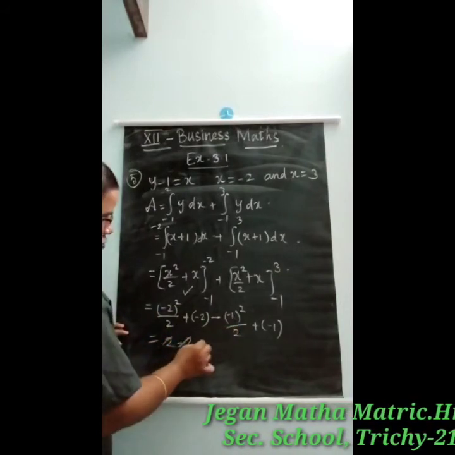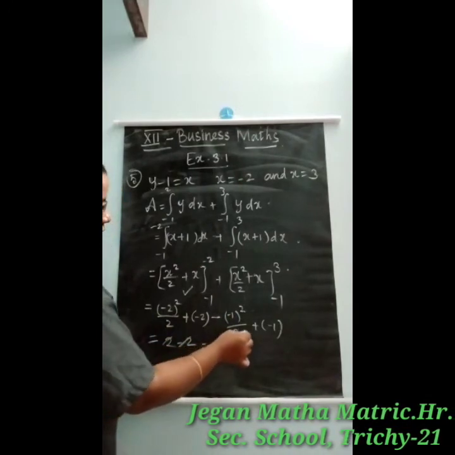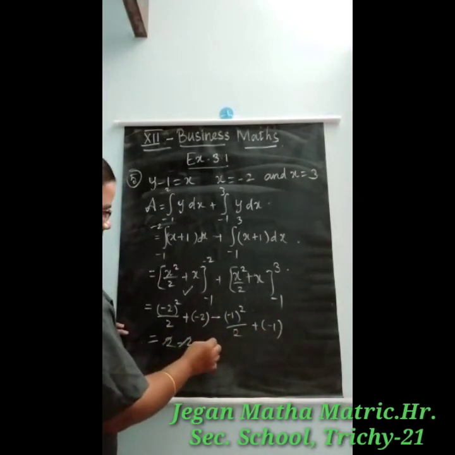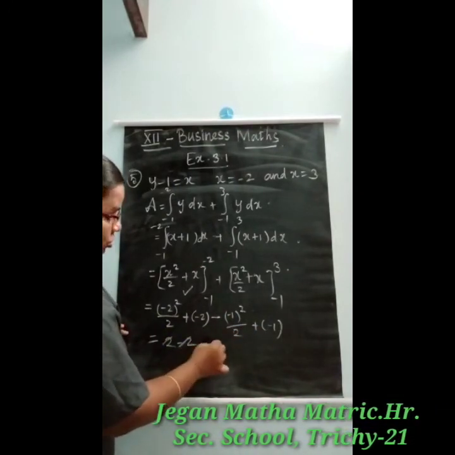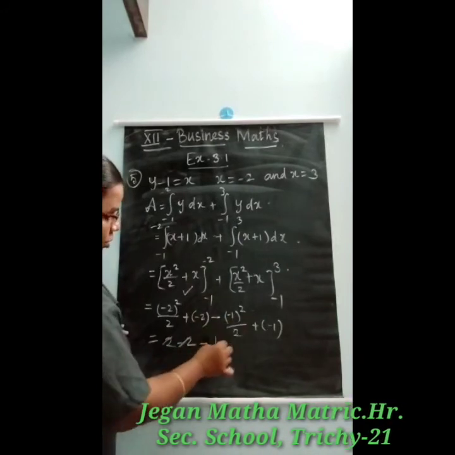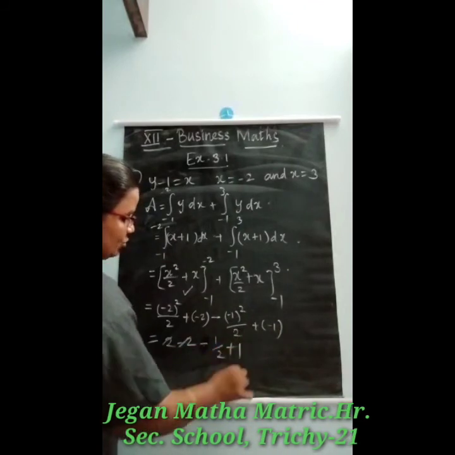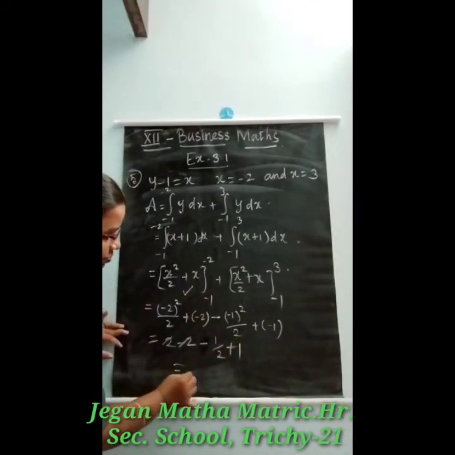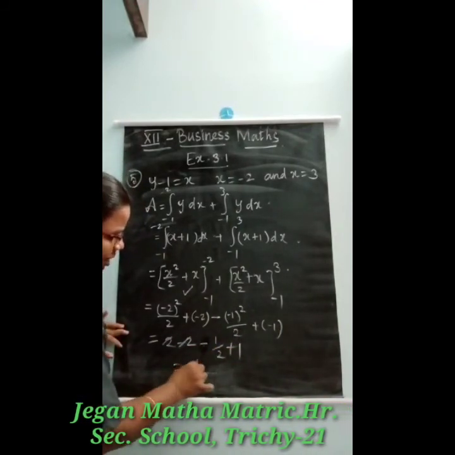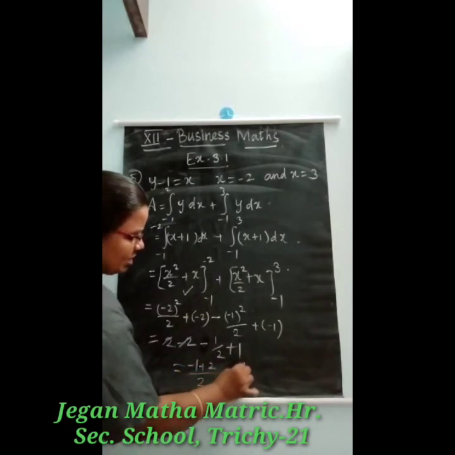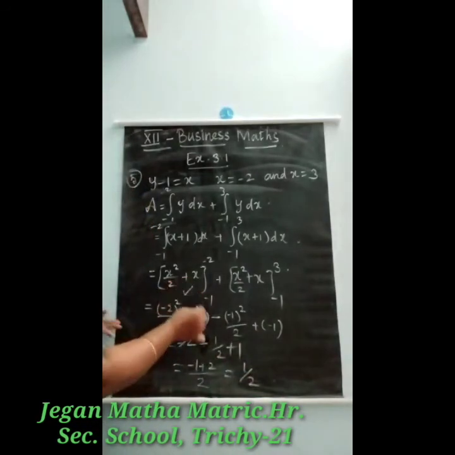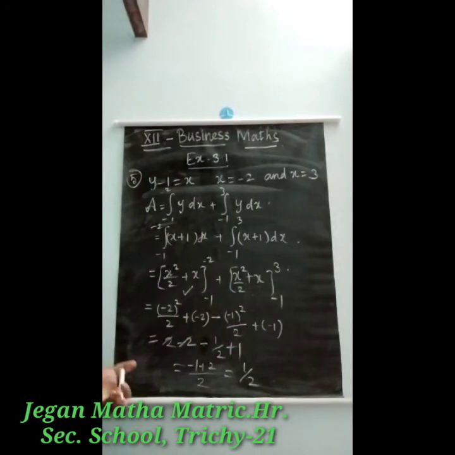Here 1 by 2, that is equal to here minus 1 by 2, and minus 1, minus of minus 1 by 2 minus 1. So that is equal to 2 is the LCM, minus 1 plus 2, that is equal to 1 by 2 for this term. Again you have to find out for the other term.